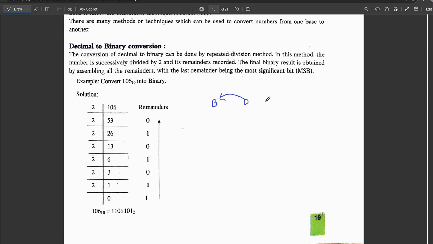In order to learn all these number systems, first of all, we need to know that 10 to the base 2 is not equal to 10 to the base 10.